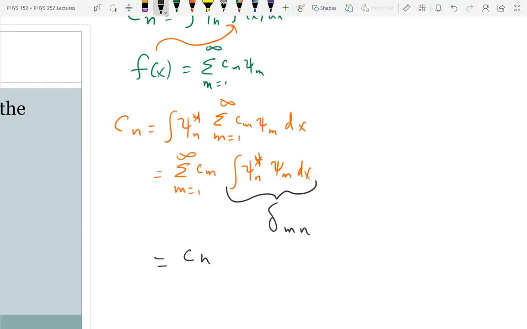Now you look at this and you're like, okay, I see that you went in a circle. Going in a circle, is that really beneficial? Yes, it is. Because in reality, your function f of x is going to be something that's not written in terms of psi sub m. But if f of x can be written in terms of psi sub m, then I can do this integral with the actual f, whatever that function is, and it will give me those C sub n's.